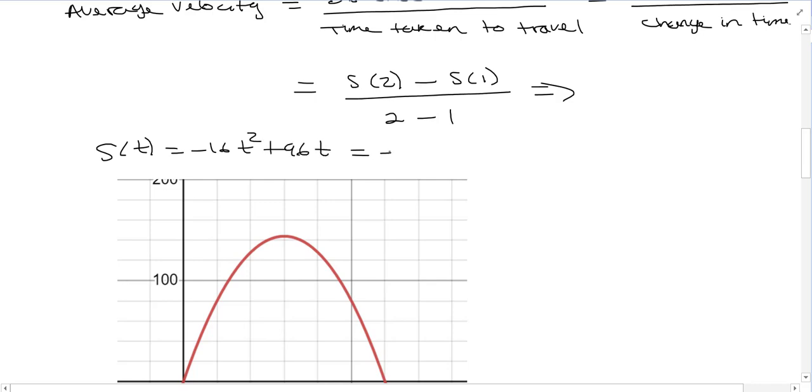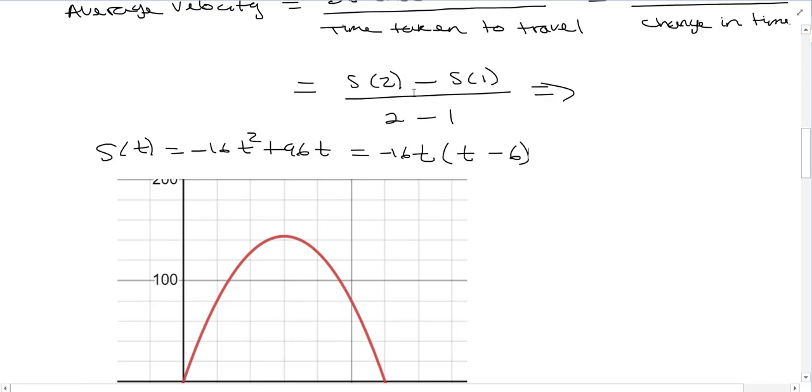If you factor out the minus 16t, because they both have a t, you're left with t minus 6. And so you can see that the t-intercepts are going to be 0 and 6.